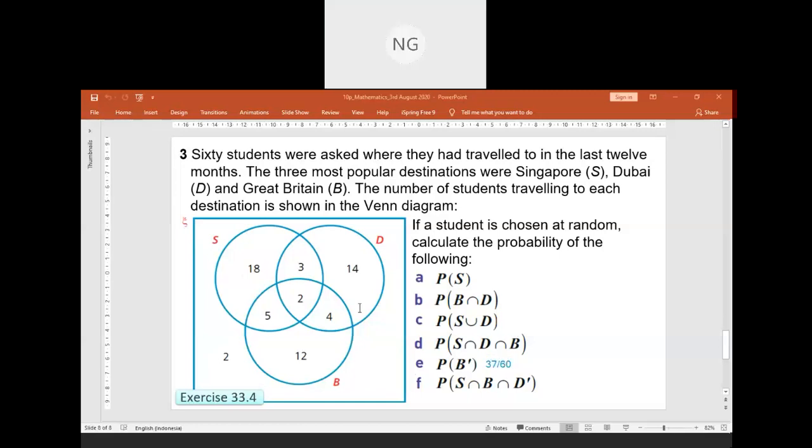5 out of 60. Okay, maybe we can do it starting from here. We can read S intersection B. S intersection B is 5 and 2. Is there anyone who got confused about getting 5 and 2? After we find the intersection between S and B, we have to find the intersection with D dash.